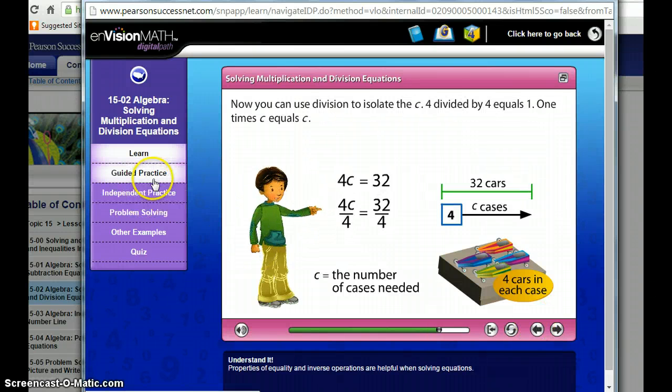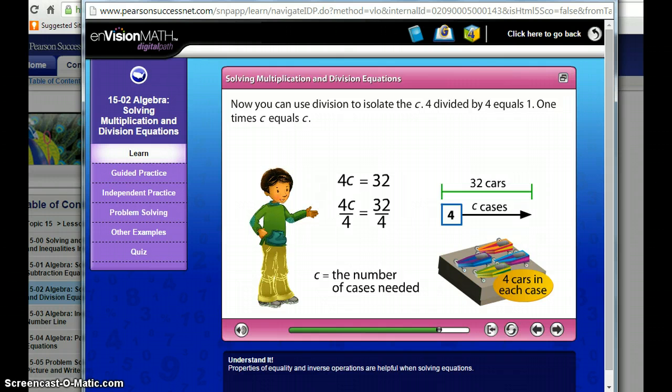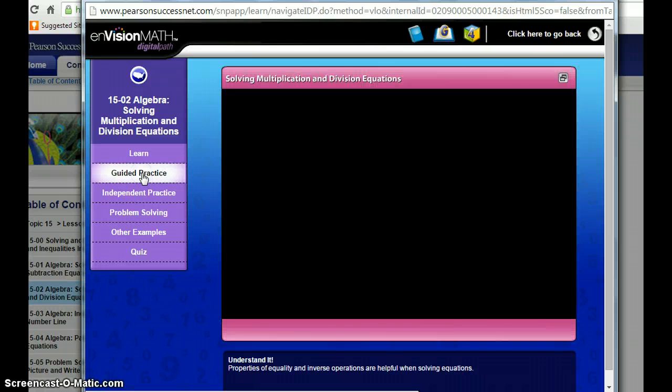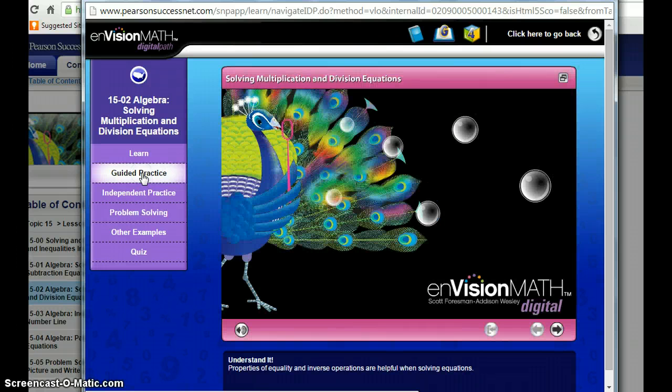Okay. Now you can use division to isolate the C. 4 divided by 4 equals 1. 1 times C equals C. So C equals 8.